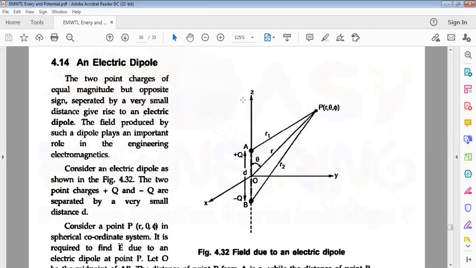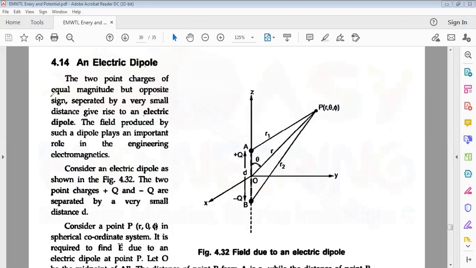On the positive z-axis, at the point A, you can choose a positive charge Q, and on the negative z-axis at the point B, you can take a negative charge minus Q.